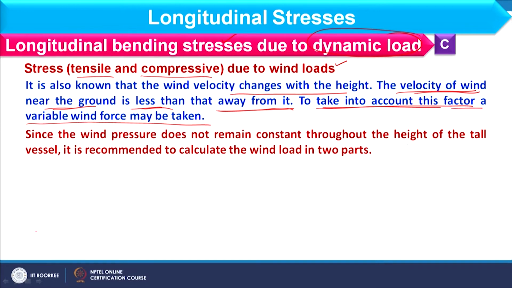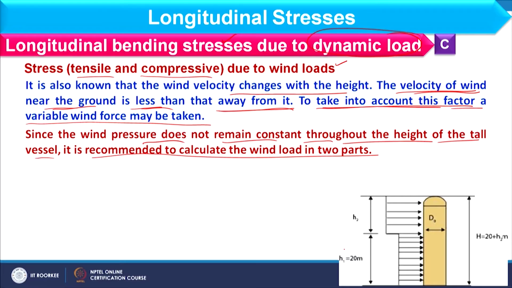Further, we can discuss that wind pressure does not remain constant throughout the height of the tall vessel. It is recommended to calculate wind load in two parts. As it is not constant from ground to the top, we usually consider this effect in two different parts in the vessel. The first part is when I am having height up to 20 meter.